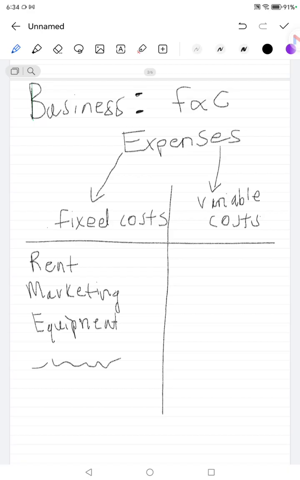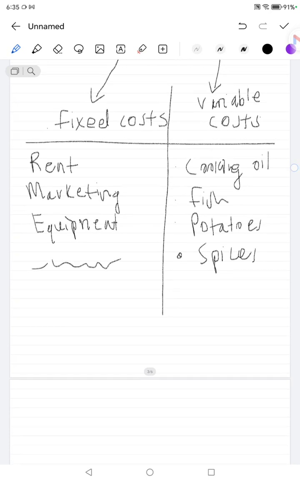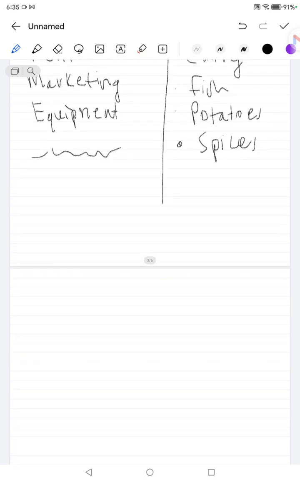So your variable cost, I would say these are like your direct cost related to the product that you're selling, because if you're going to make your fish and chips, you know that you have to consider things like your cooking oil, your fishes themselves, your potatoes, then what else, things like your spices. Then yeah, that's that. Let's just leave it at that.